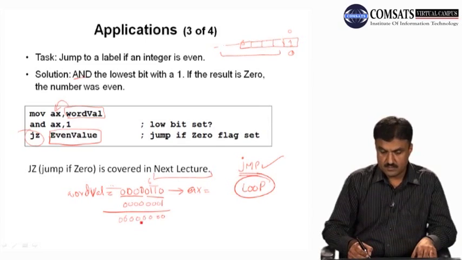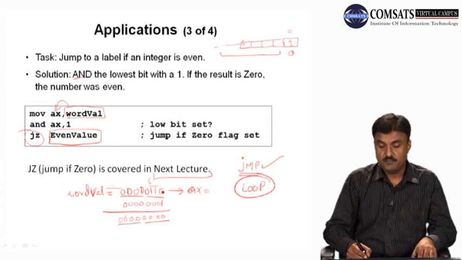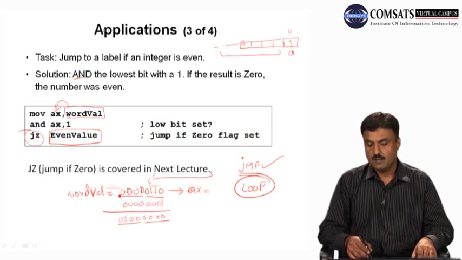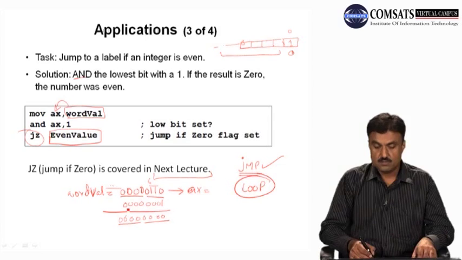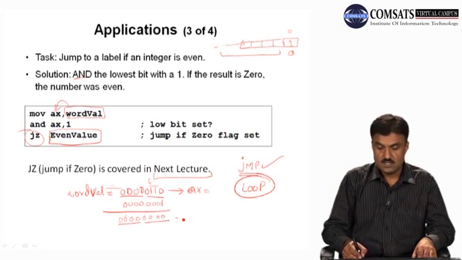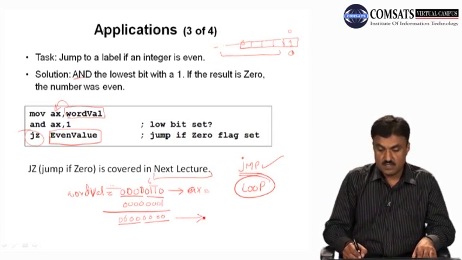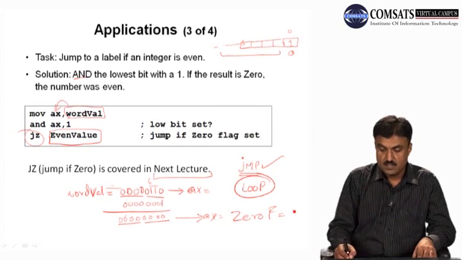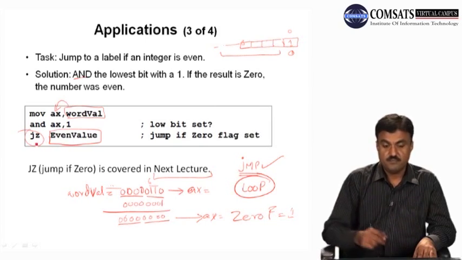All these bits will be 0 because this bit is already 0, and if we perform AND, it will be 0 whatever the rest of the bits are, either 0 or 1. Now the result is 0, and this result will be saved in AX, and the zero flag will be set, so it will perform the jump.